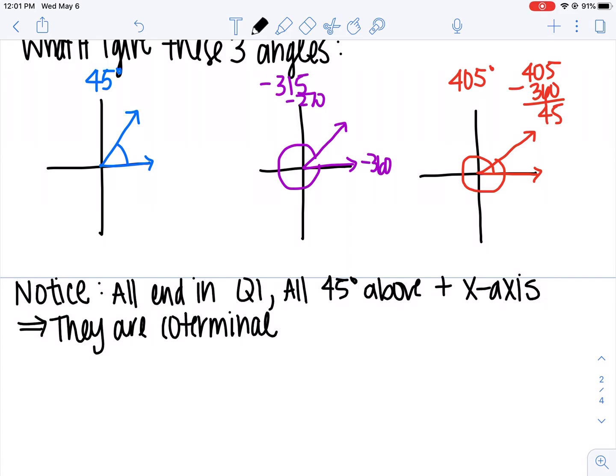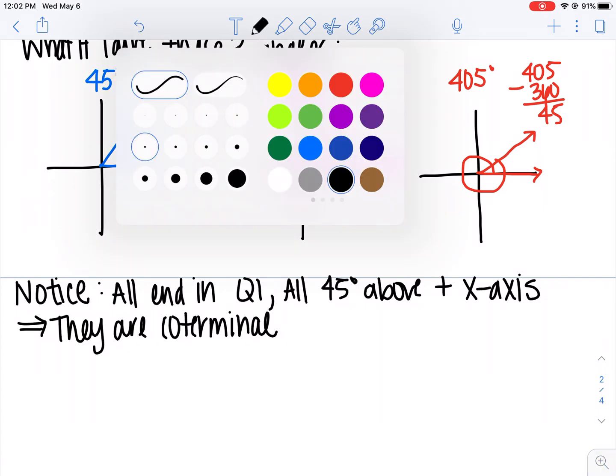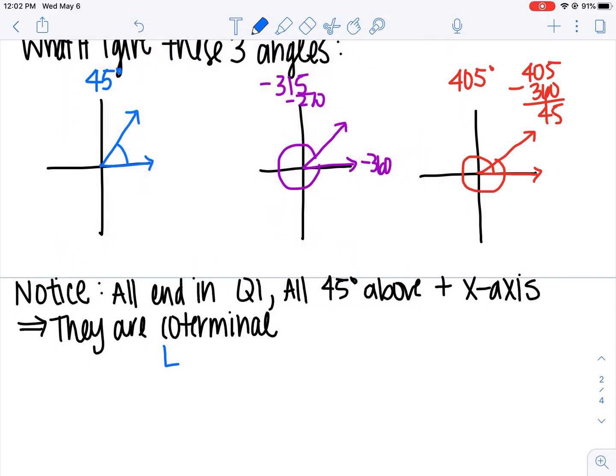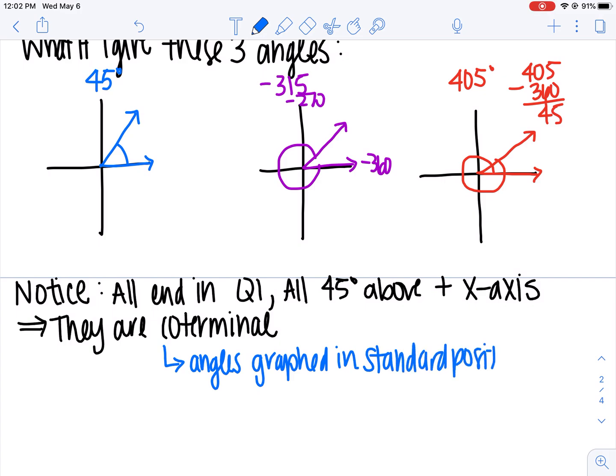So coterminal angles are in the same place, ending in the same place. So we're going to have a little definition here. Our definition will be angles graphed in standard position with the same terminal side.